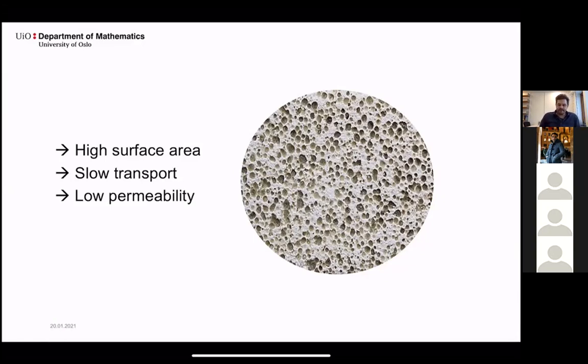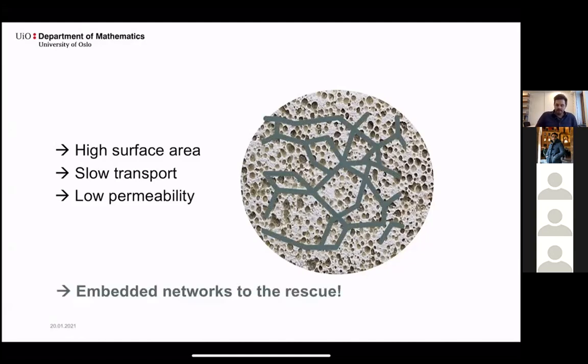Some biological systems and some people in technical applications came up with a very simple idea. This is nothing new. We can embed networks into the structure that allow for fast transport.